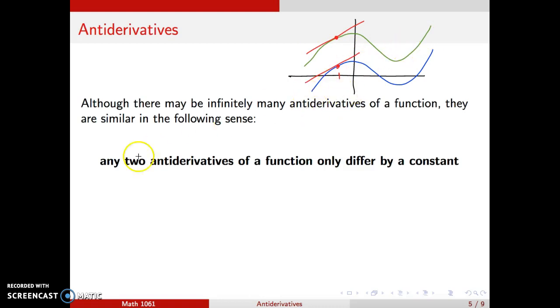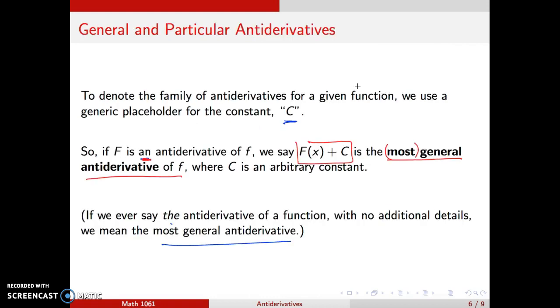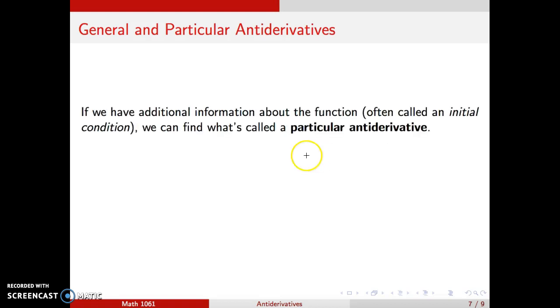If I knew that at 0 it had to pass through whatever this value is, then I would have a unique one that goes to that point. Then I have the antiderivative that satisfies what we often call an initial condition. So we've got general or most general antiderivatives, and then we can find particular antiderivatives if we have this extra bit of information.